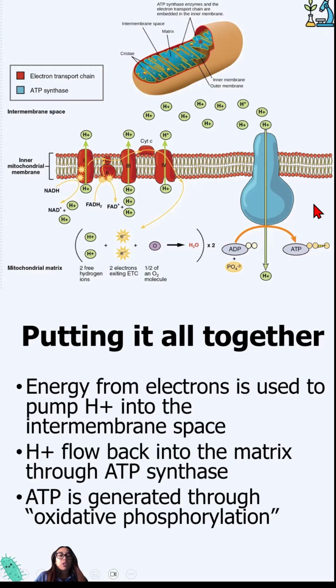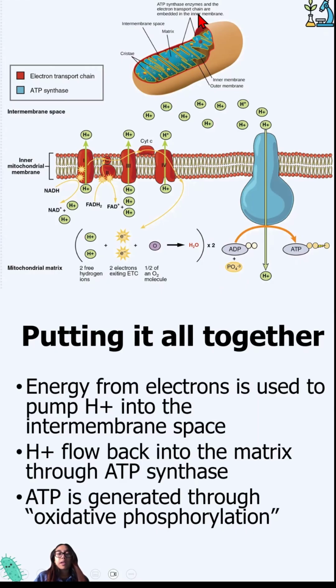Another thing I wanted to mention is that numerically, there are more ATPs being made through this process than in glycolysis or through the citric acid cycle. So most of the ATP being made in cell respiration happens right here. By the way, here is a diagram of a mitochondria in case you were wondering where everything is happening.